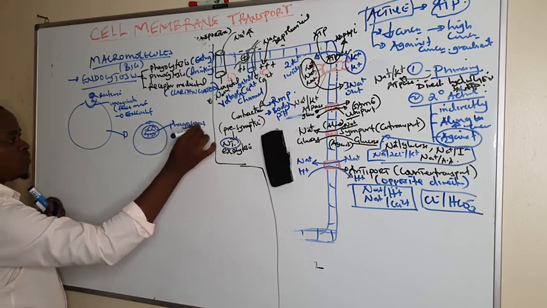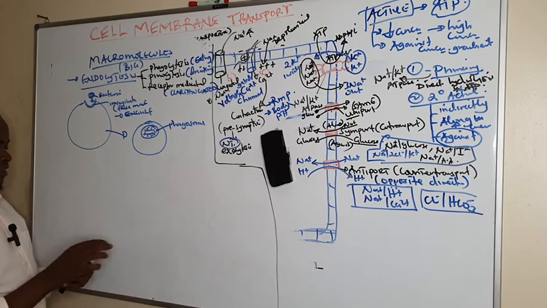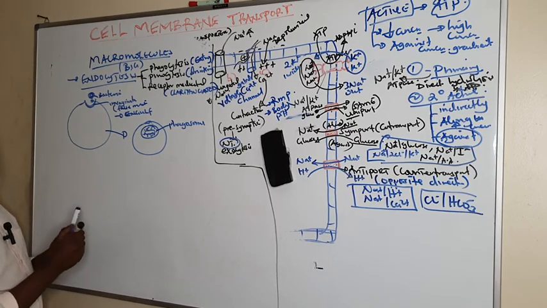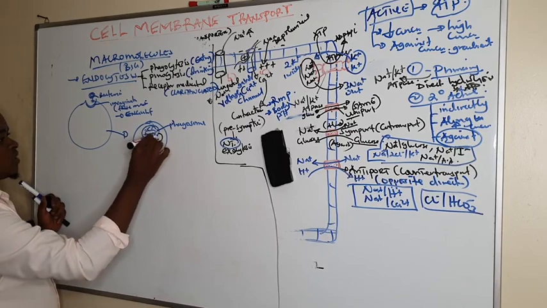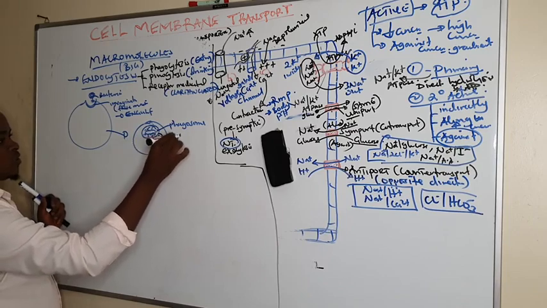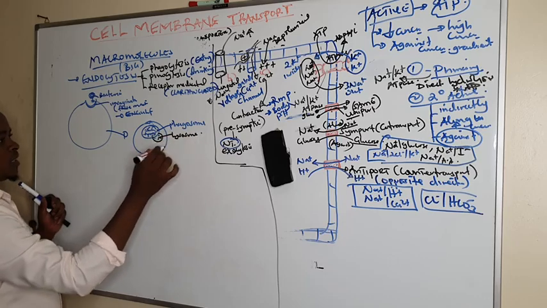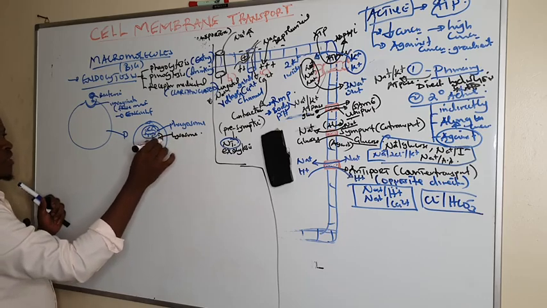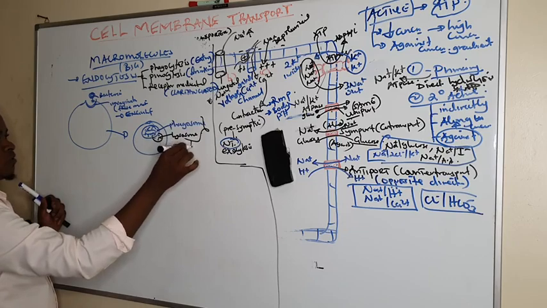This phagosome, which is formed inside the cell, is going to fuse with the lysosome enzymes, and when they fuse, they form what we call a phagolysosome.